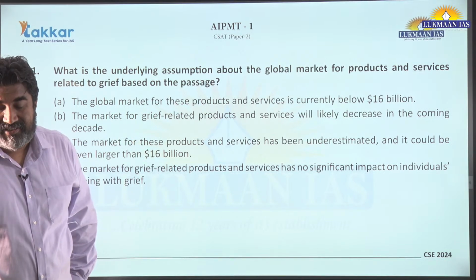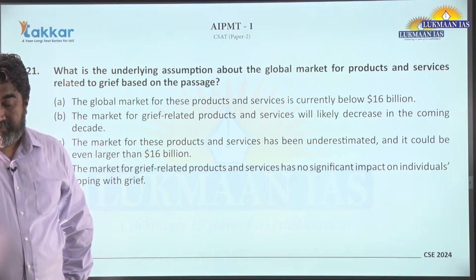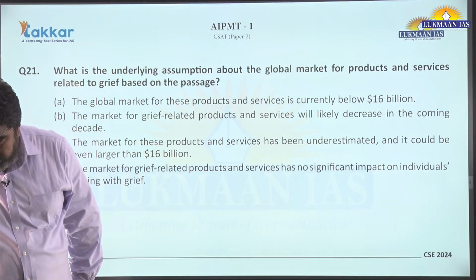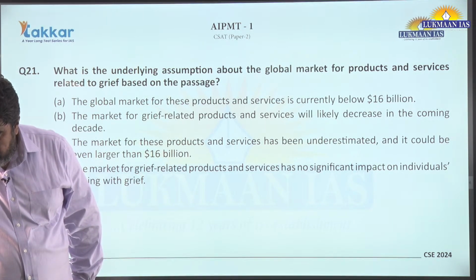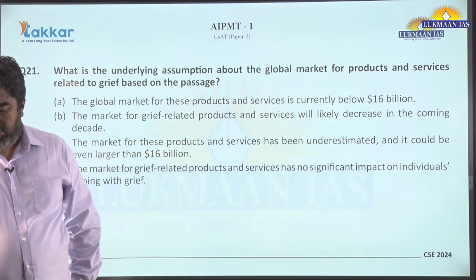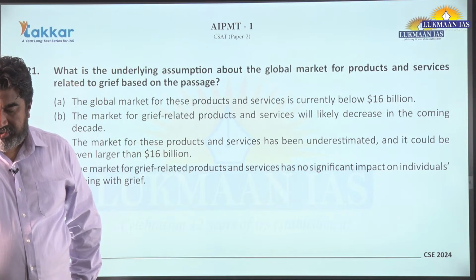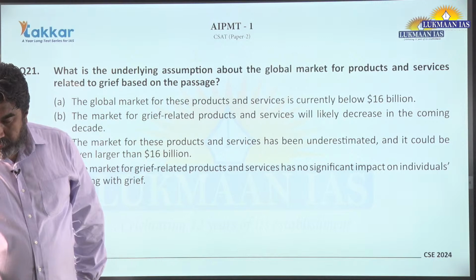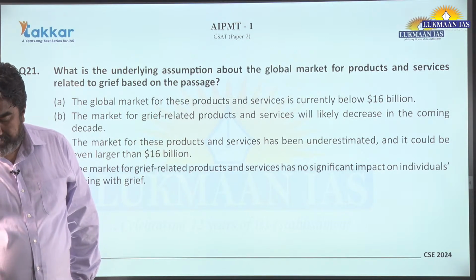We have discussed this just now, no? 33rd D. 33 we didn't discuss it. Okay. 32 we discussed it. Okay, I thought that I had discussed it. No issues. So 33rd, why option A is incorrect?